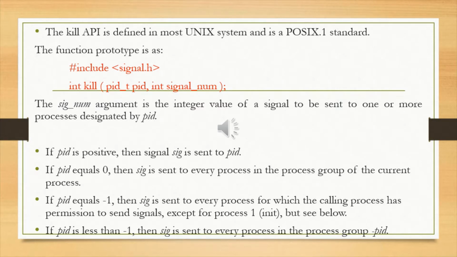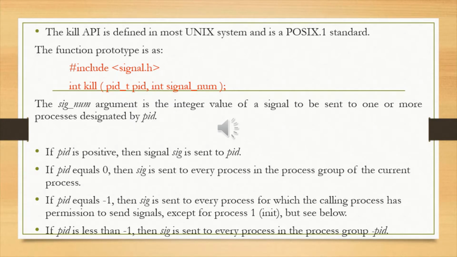The sender and recipient process must be related such that either the sender's real or effective user ID matches that of the recipient process, or the sender has super user privileges.